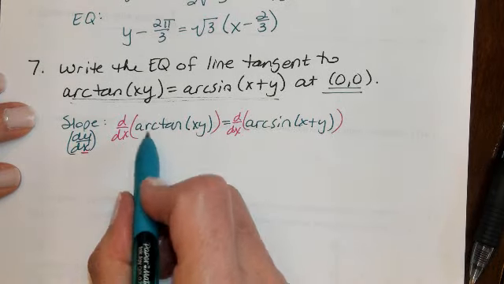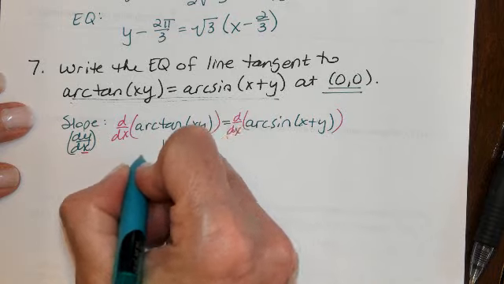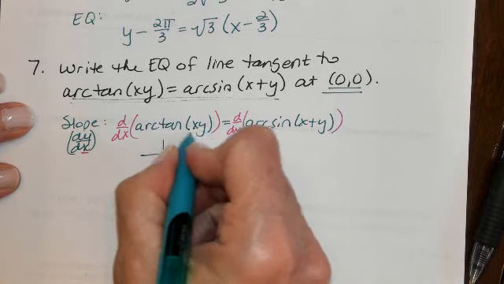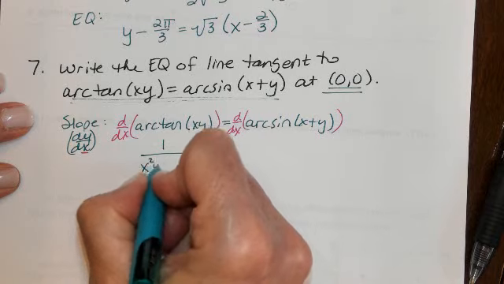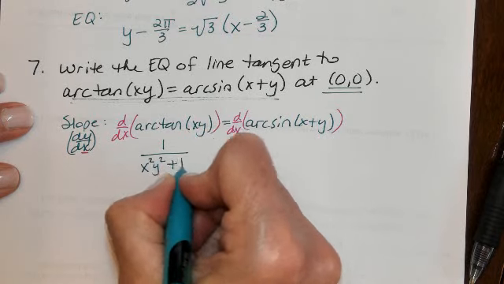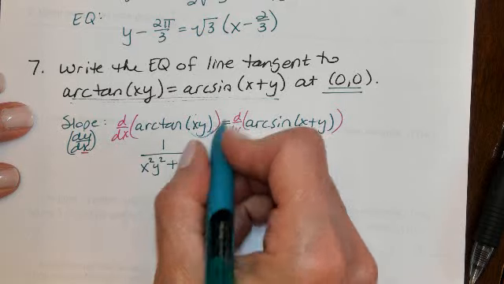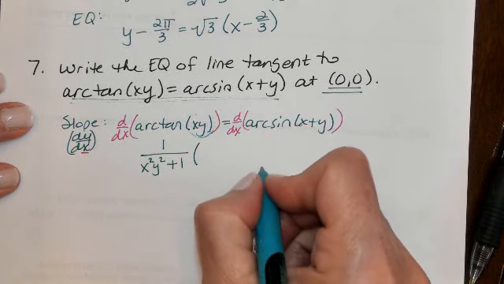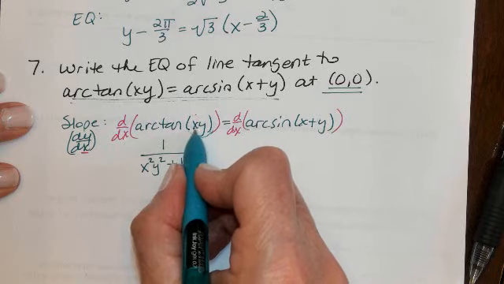All right. The derivative with respect to x here will be 1 over xy squared plus 1 times the derivative of xy with respect to x. So now we need to use the product rule.